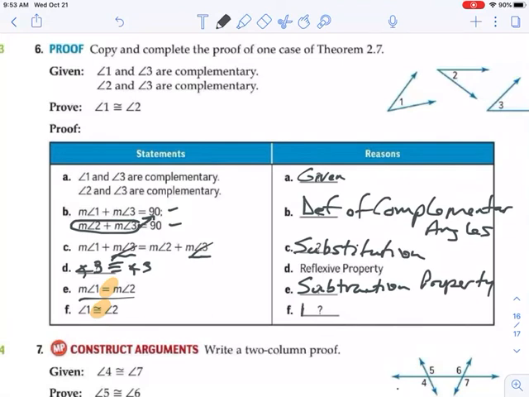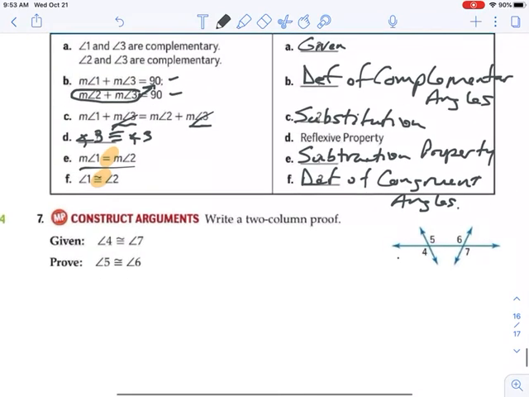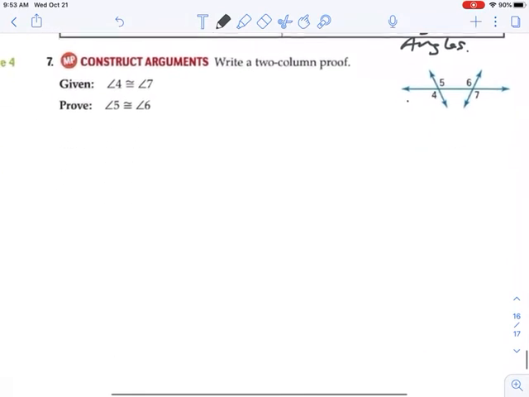That is the definition of congruent angles. Angles that are equal in measure are called congruent. Angles that are called congruent are equal in measure.